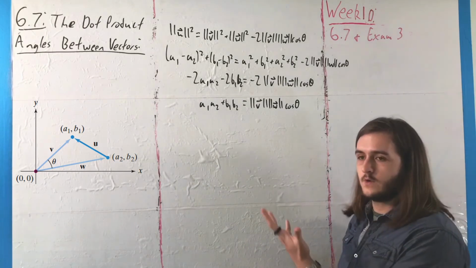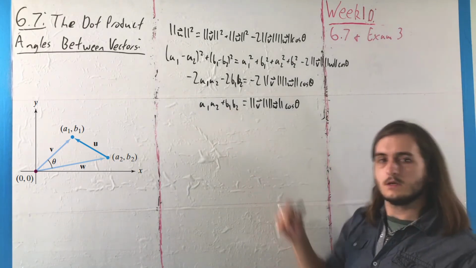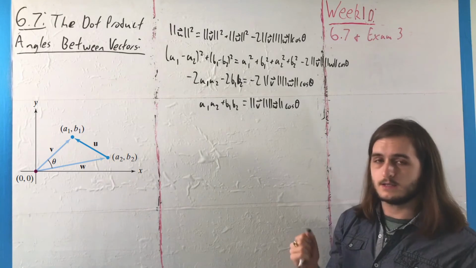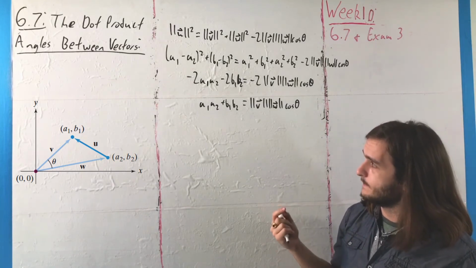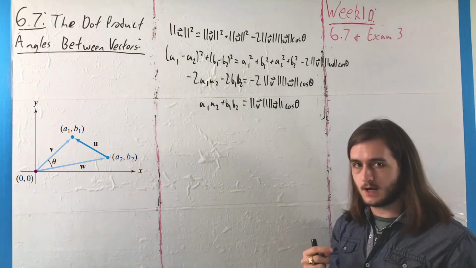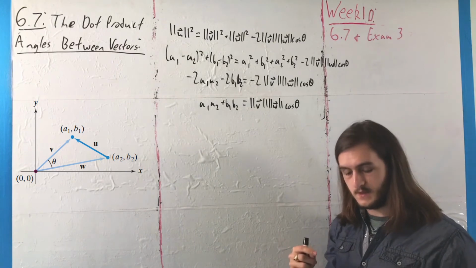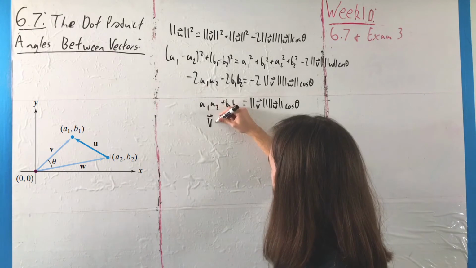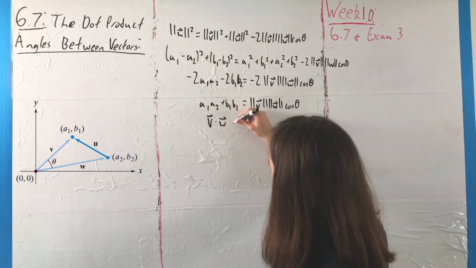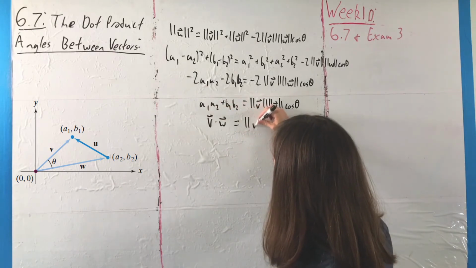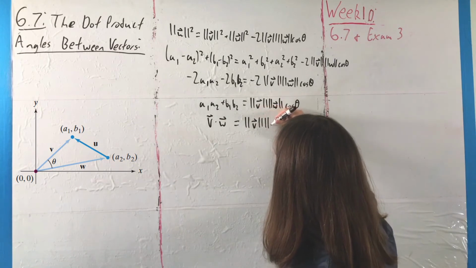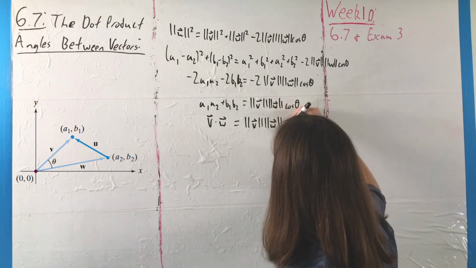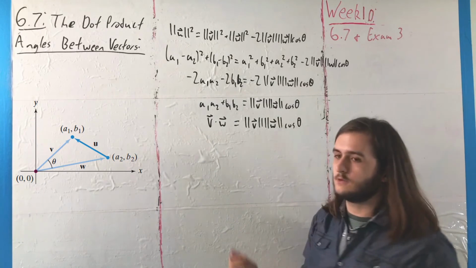By itself, not great, but if we think back to our last bit, we should remember this is the formula for the dot product of v and w. So, we have that v dot w is equal to the magnitude of v times the magnitude of w times cosine of the angle between them.